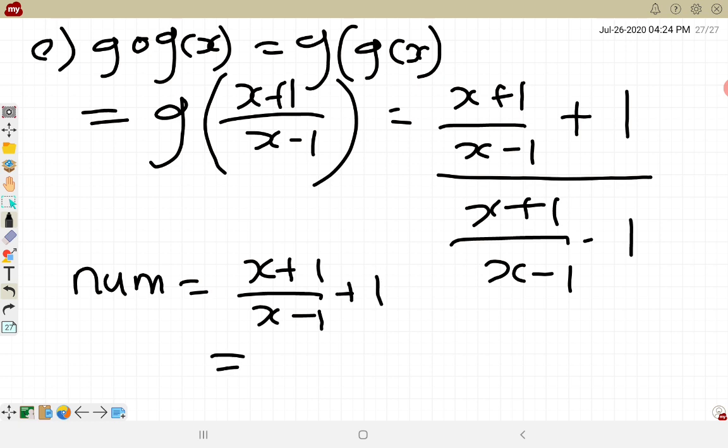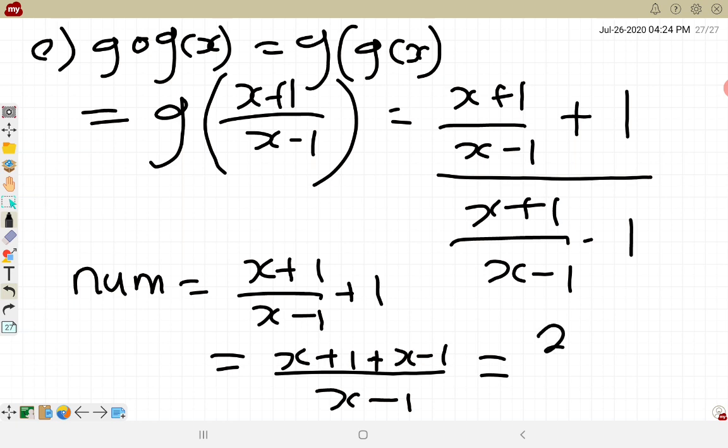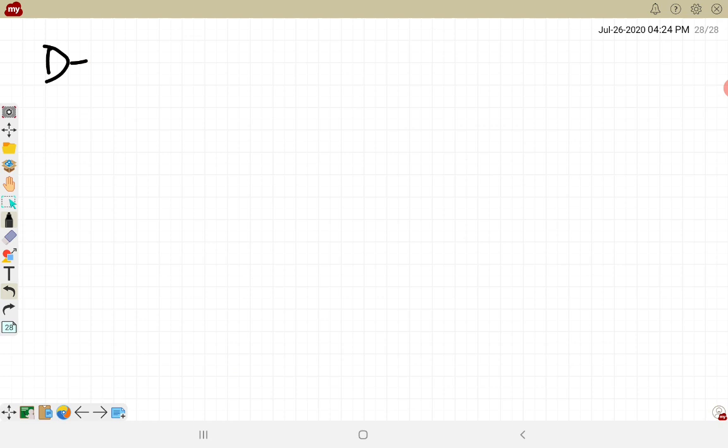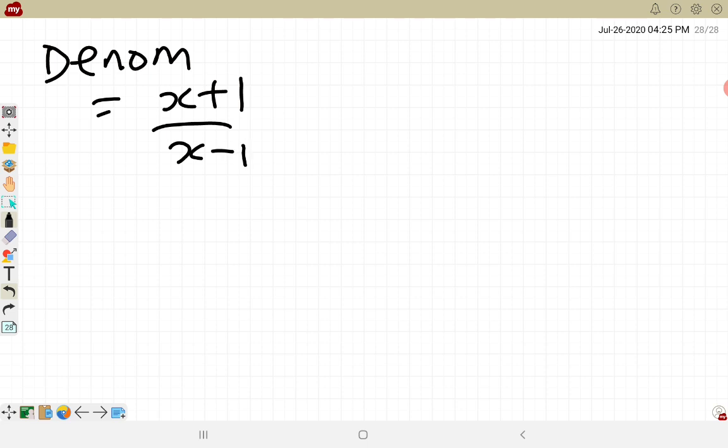Which is changing to a single fraction with lowest common multiple x minus 1. We have x minus 1 into x plus 1 plus x minus 1. So simplifying further, we have x plus x, that is 2x, plus 1 and minus 1 cancel, over x minus 1. That's the numerator. And the denominator gives us x plus 1 over x minus 1, minus 1.